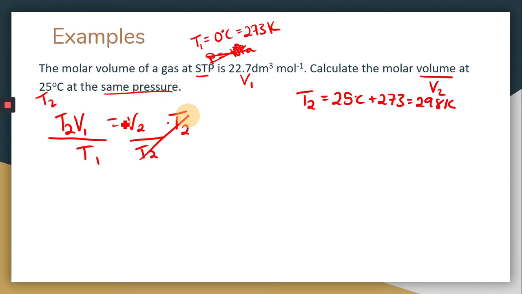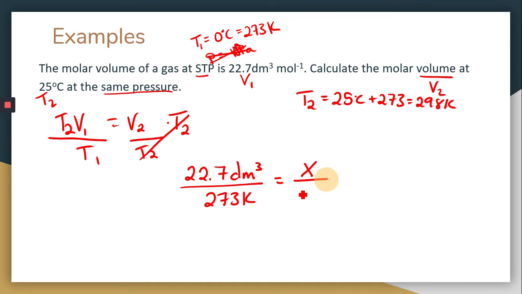If you'd rather put in your values and then solve for the missing variable, we can do it that way as well. So the initial volume, or V1, would be 22.7 decimeters cubed, and the initial temperature, 273 Kelvin, is equal to V2, which is what we're solving for, divided by 298 Kelvin.